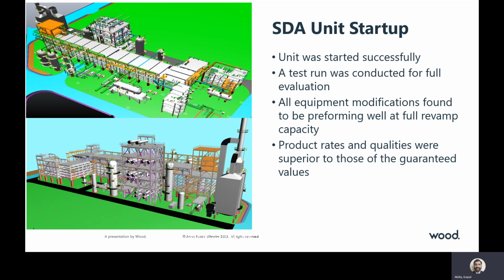The unit was started successfully. A test run was conducted for full evaluation. All equipment modifications were found to be performing well at full revamp capacity. Product rates and qualities were superior to the guaranteed values.